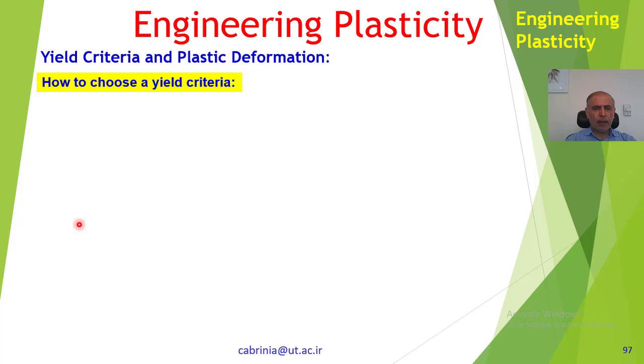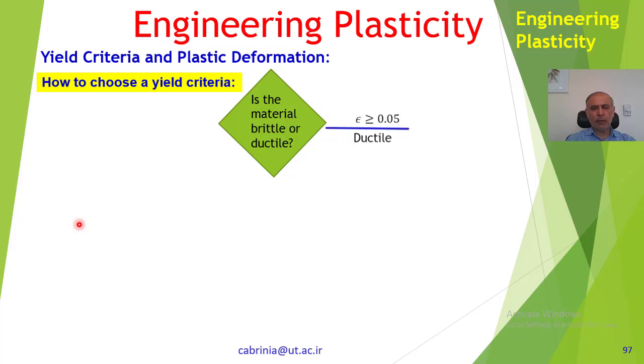Now then, let's see how to choose the yield criteria. How do we choose which yield criteria: Mises, Tresca, Coulomb Mohr, or modified Coulomb Mohr? First of all, we consider whether the material is brittle or ductile. We answer this question. So if the strain epsilon is greater than 0.05, we say it's ductile. And if it is less than 0.05, we say it's brittle.